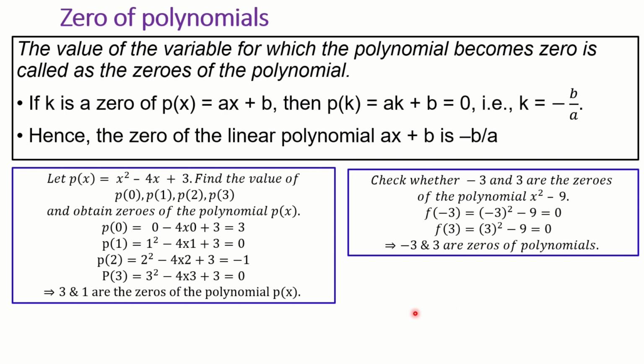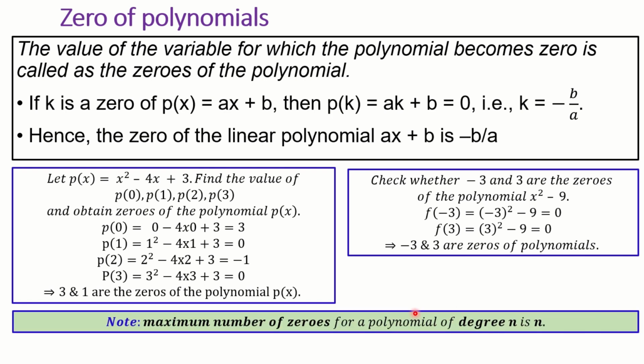Okay, next. So from the observation we can note that the maximum number of zeros for a polynomial of degree n is n. This is the maximum number. You may or may not have the maximum number of zeros for a given polynomial. Suppose this is x minus 2 whole square.